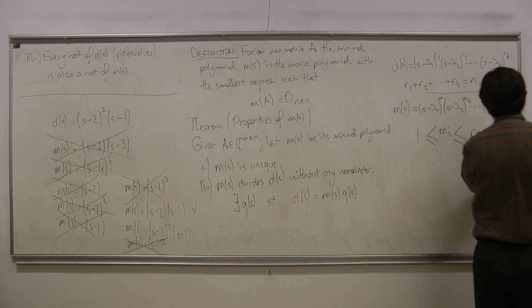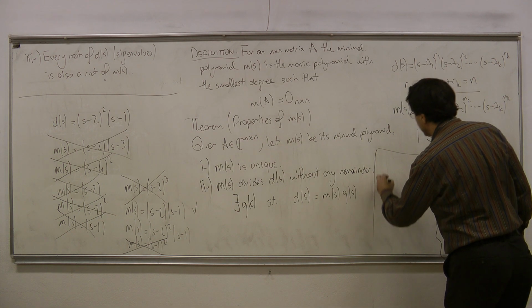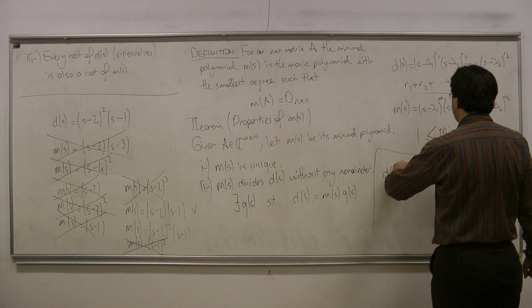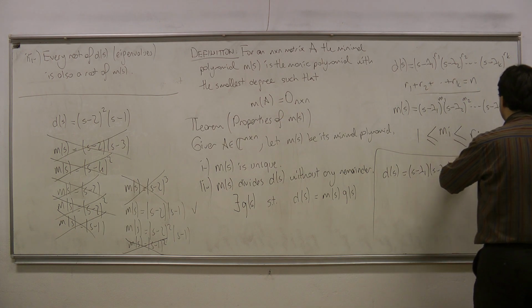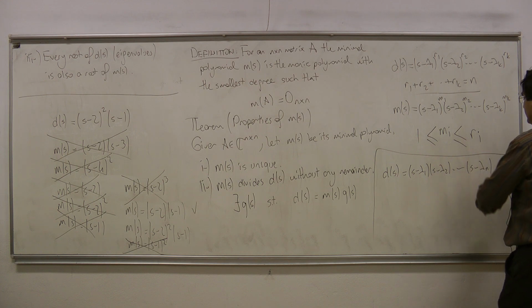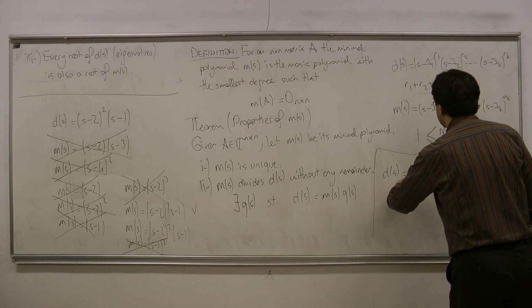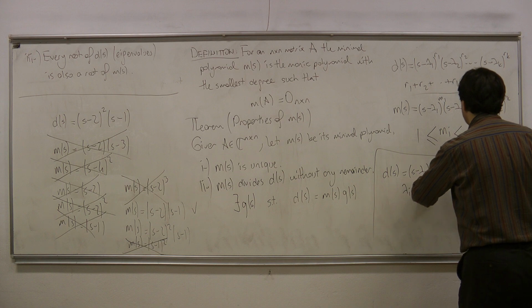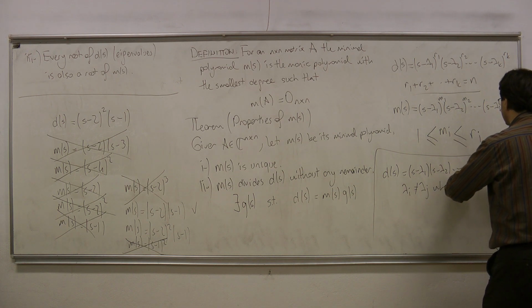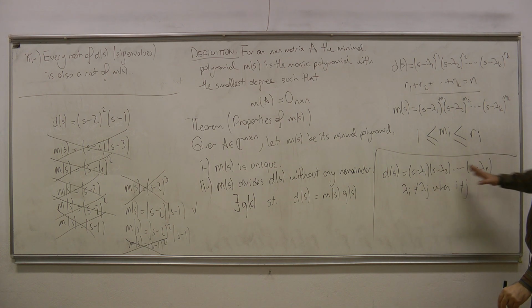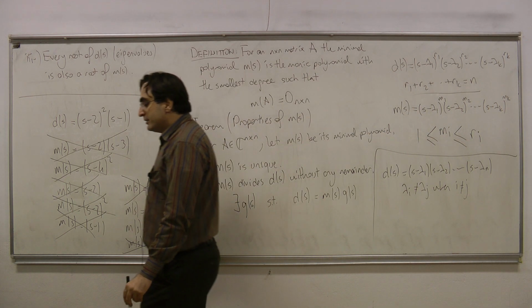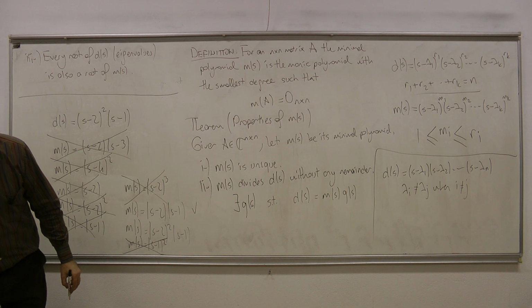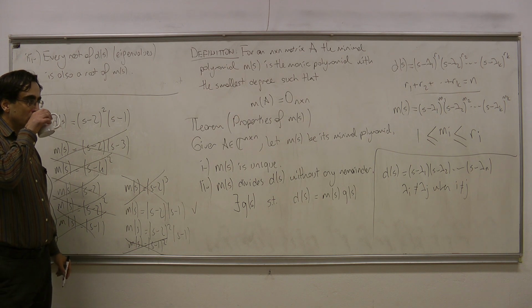So one final thing, I can tell you the following. Suppose that d of s is equal to s minus lambda 1, s minus lambda 2, going until s minus lambda n. And suppose that lambda i is not equal to lambda j when i is not equal to j. So we have the distinct eigenvalue case. In this case, what can be the minimal polynomial?